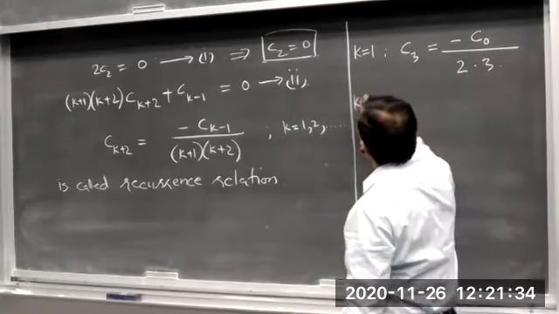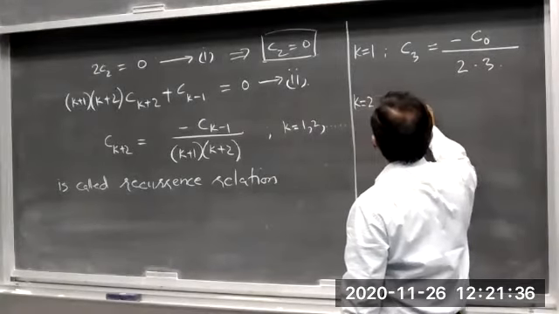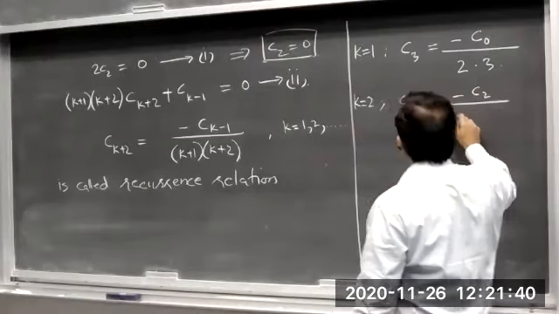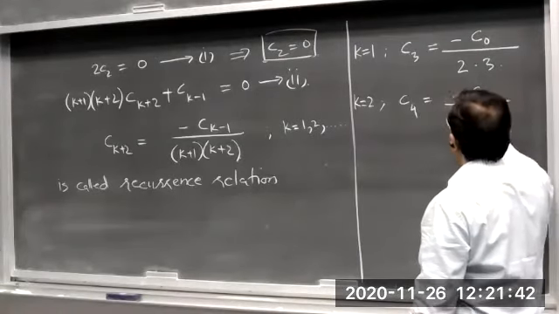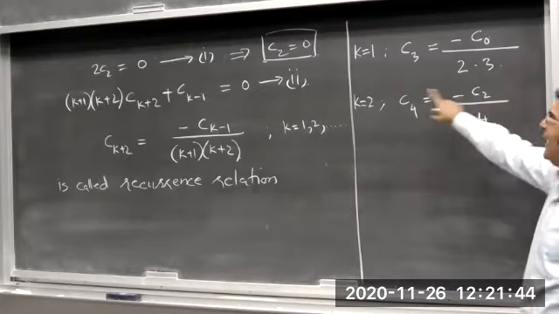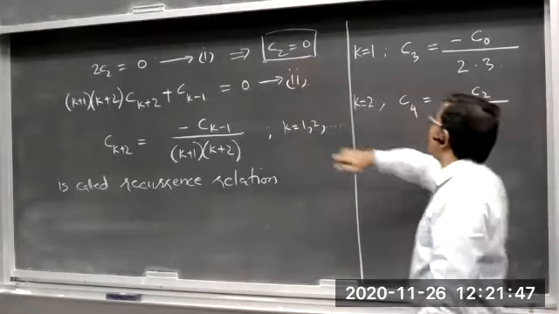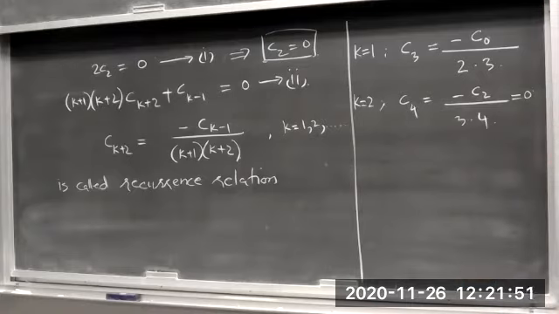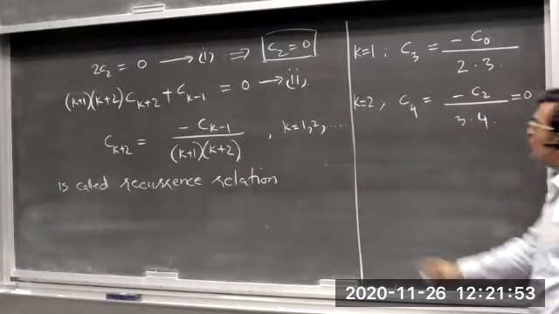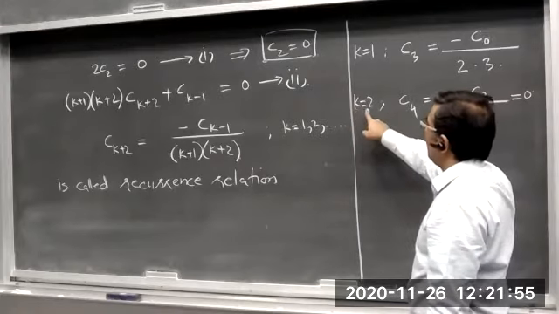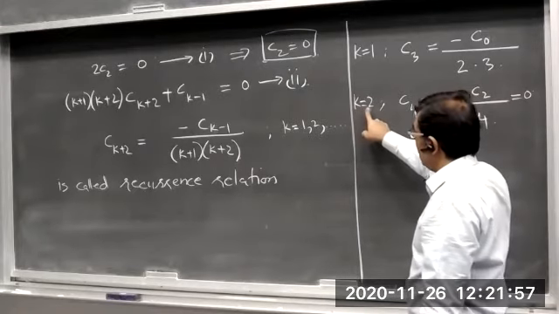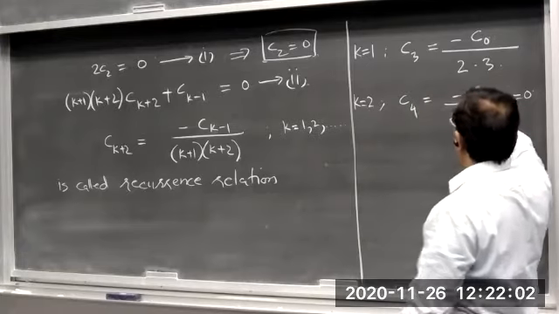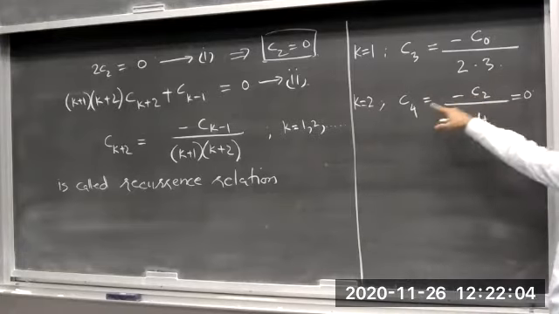Now, when k is equal to 2, we obtain c4 is equal to negative c2 divided by 3 into 4. But remember that c2 is 0 here, so c4 will become 0. Similarly, for all even numbers, when we put k is equal to 4, we'll have c6, and c6 is 0.